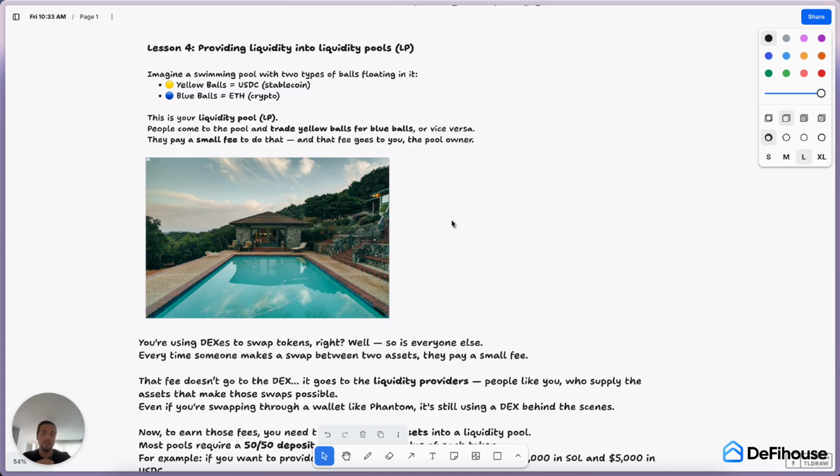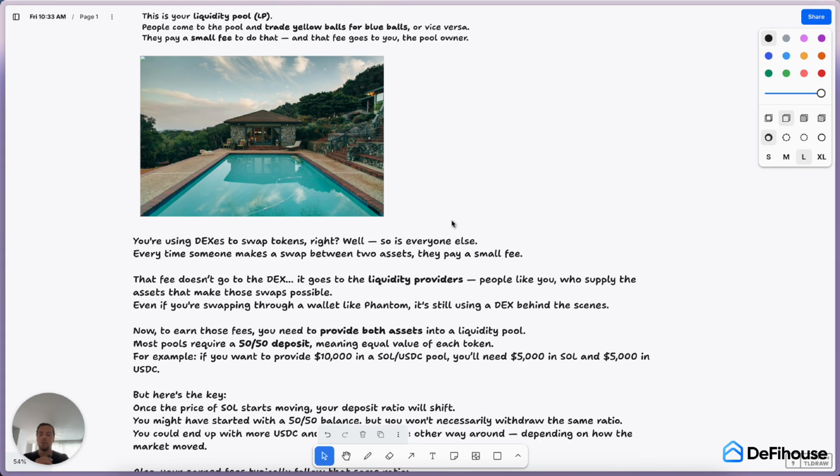So you are using decentralized exchanges to swap different tokens, right? Well, so is everyone else. Absolutely every single person that is participating in the market in a decentralized manner. Essentially, they're not using Binance or KuCoin or Coinbase or any other centralized exchange.